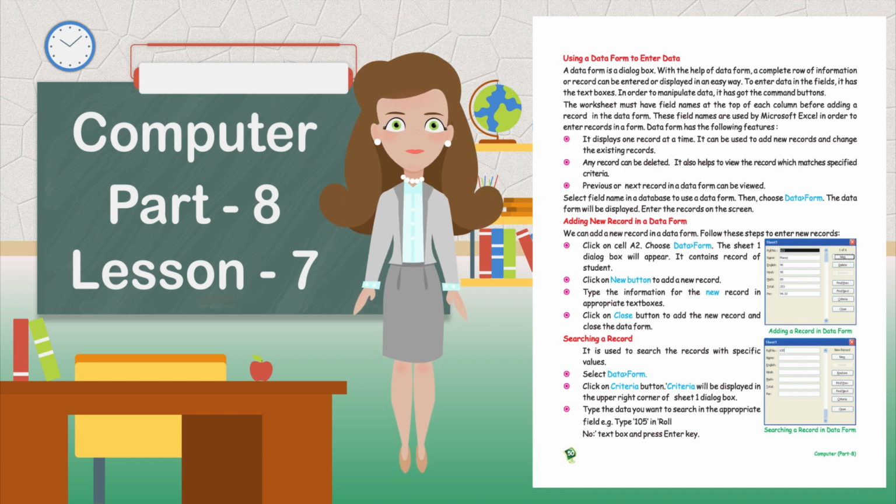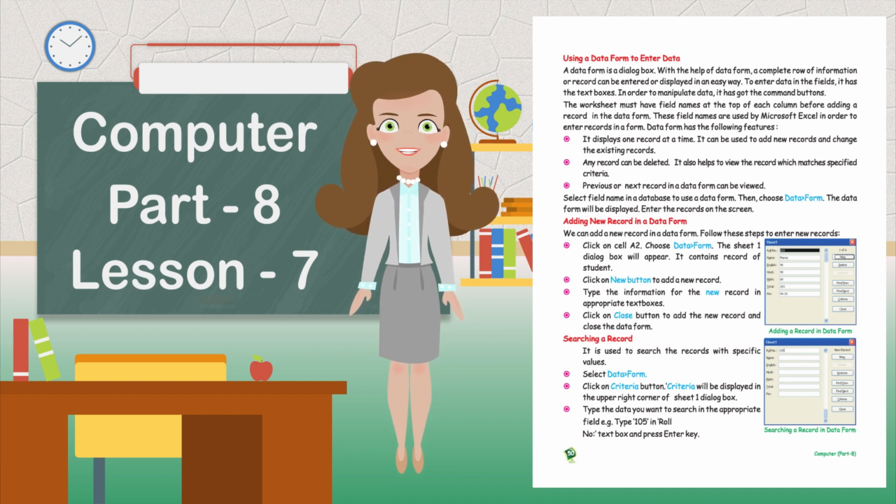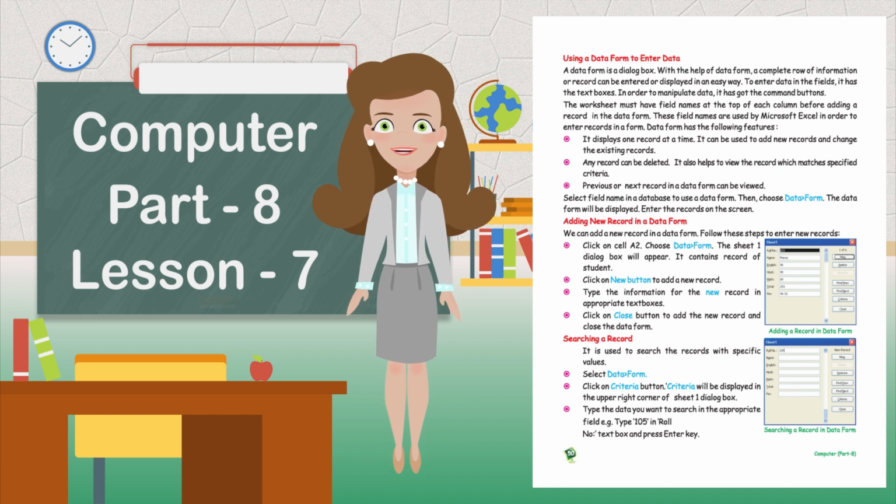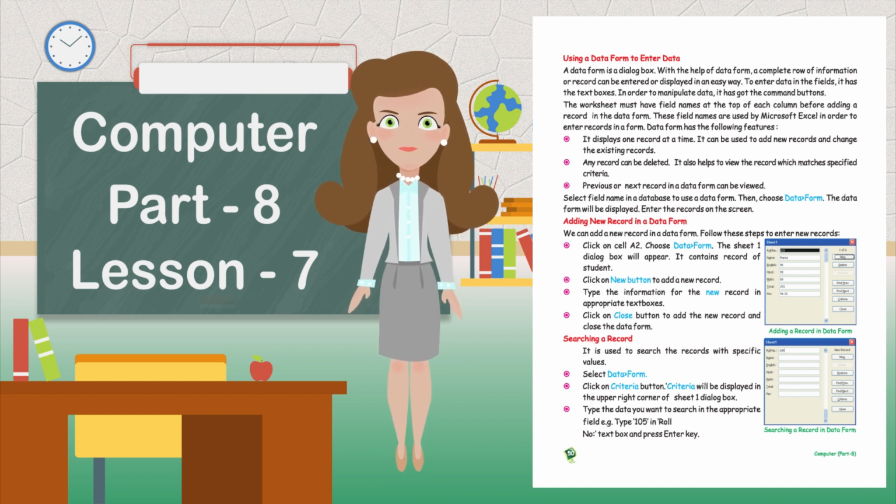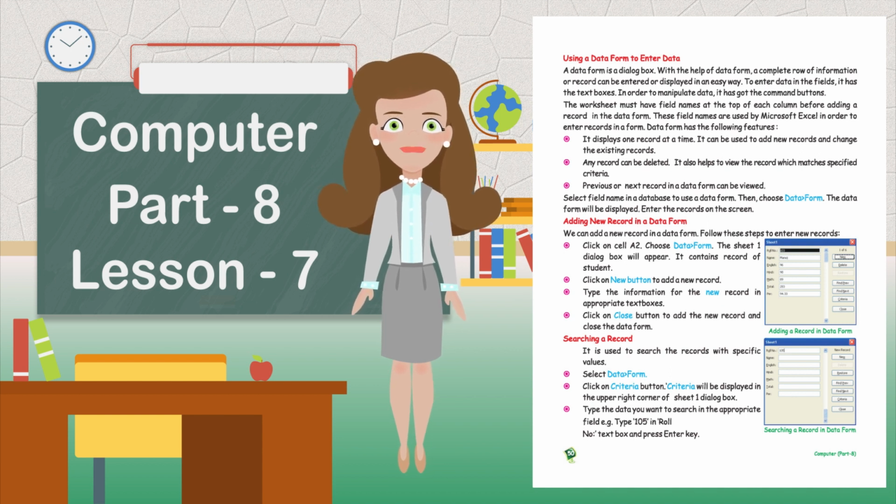It displays one record at a time. It can be used to add new records and change the existing records. Any record can be deleted. It also helps to view the record which matches a specified criteria. Previous or next record in a data form can be viewed.